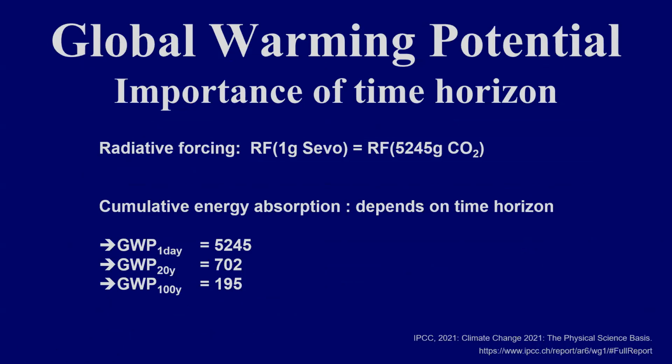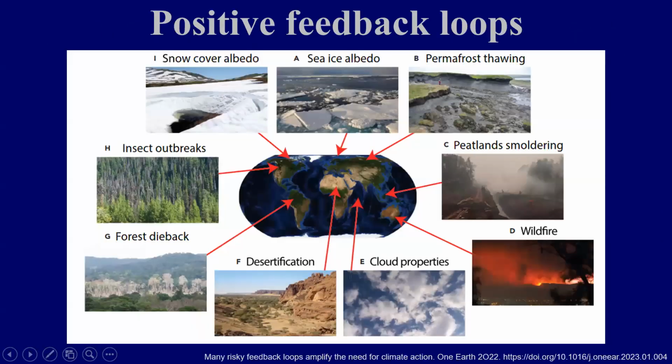So this shows again that the global warming potential, depending on whether you take a time horizon of 1 day, 20 years, or 100 years, has a great effect. But as I told you initially, one reason to take a time horizon that is not too long is because, first of all, climate change is occurring now.